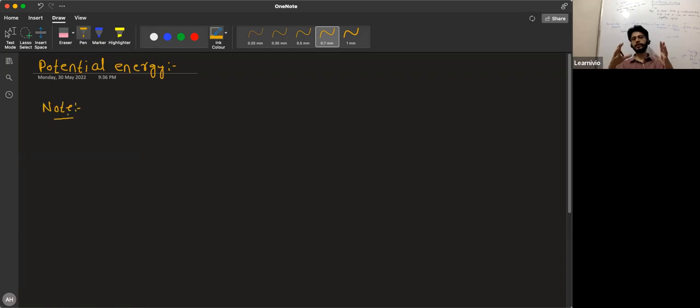See, mechanical energy is of 2 types. One is kinetic and the other is potential. Kinetic energy is due to motion of particles. The cause of potential energy is conservative interactions.